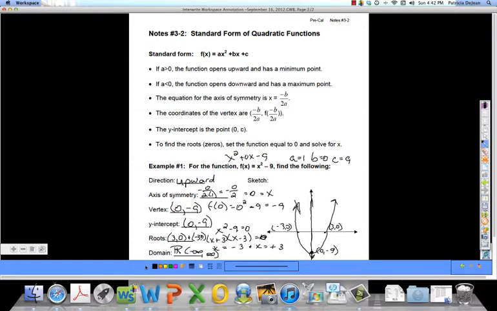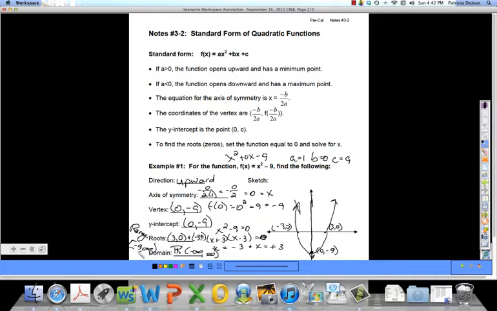And the range is down here, so I'm going to write over here the range. The lowest point is negative 9, and it includes negative 9, so you have a square bracket on negative 9, and it goes to infinity.